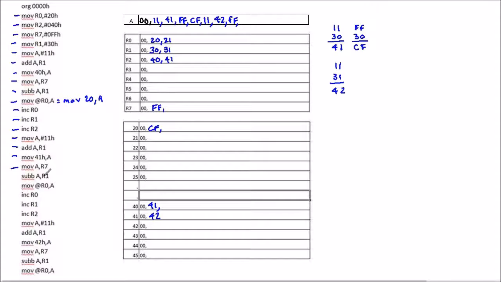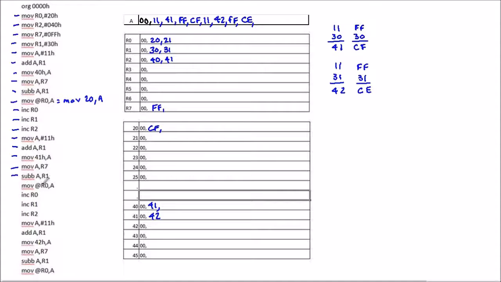And we're going to subtract the contents of R1, which is 31, from the contents of the accumulator, which is FF. F minus 1 is E. Remember, F is like 15. 15 minus 3 is 12. 12 in hex is C. So my accumulator now has CE in it.